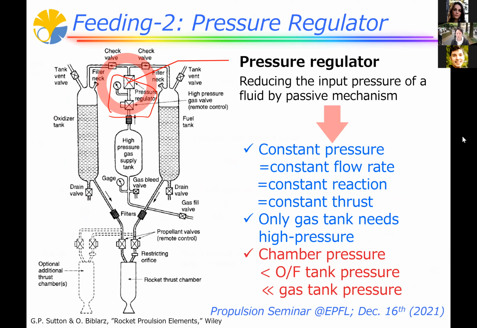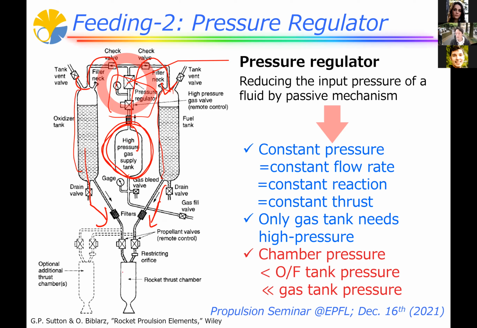So in the point of operation, it would be nice. And also here, very high pressure gas is only here. So this is the gas source, and the gas is coming like this, and the liquid is going like this. So somehow a lightweight tank can be used here and here for fuel and oxidizer.